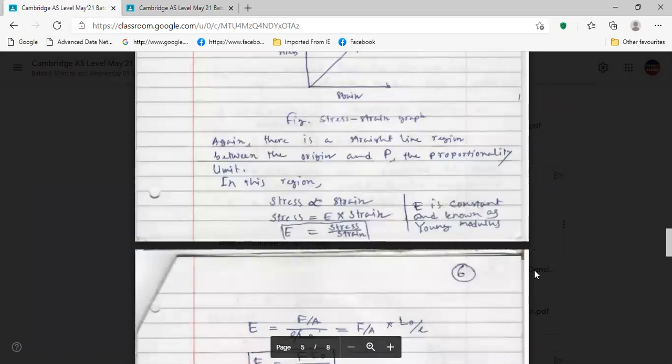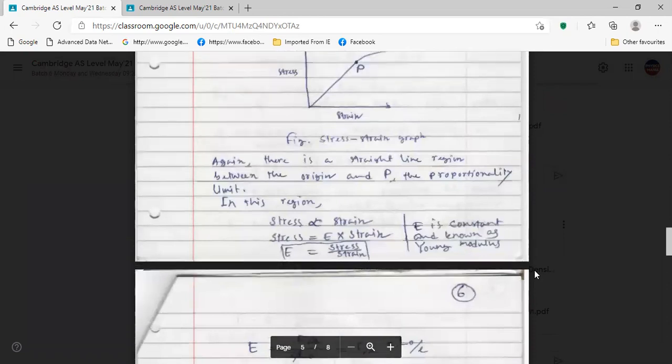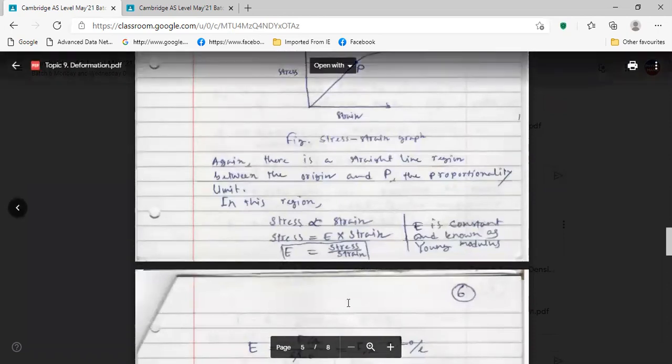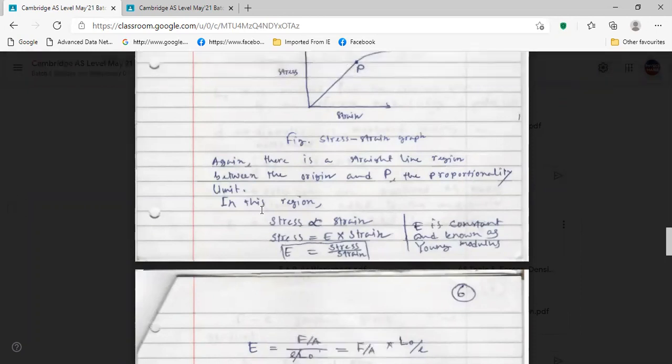Then you write this: stress is directly proportional to strain.